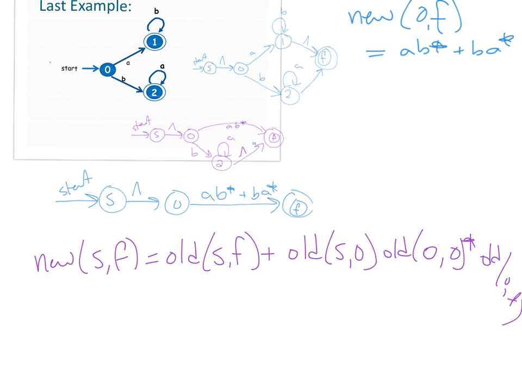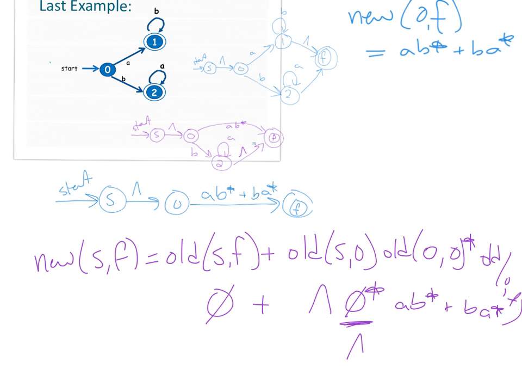And let's see, the old S to F, well, there was no connector between S and F, so that's the empty set. Old S to 0 was lambda. No 0 to 0, so we're just going to make that the empty set starred. And the old 0 to f was AB star plus BA star. So remember, the empty set starred is just lambda.